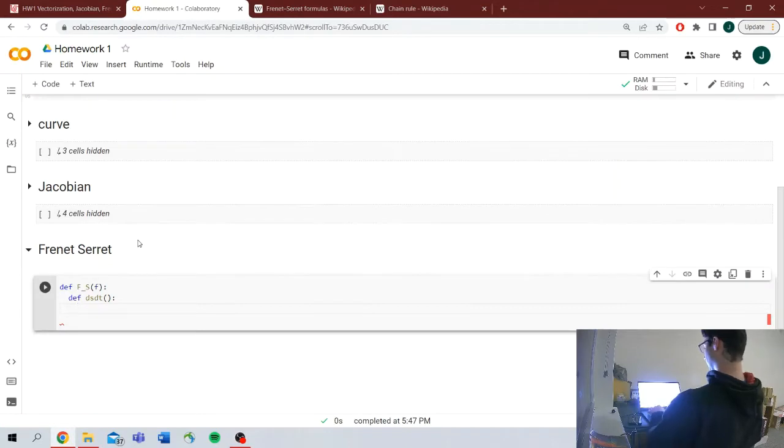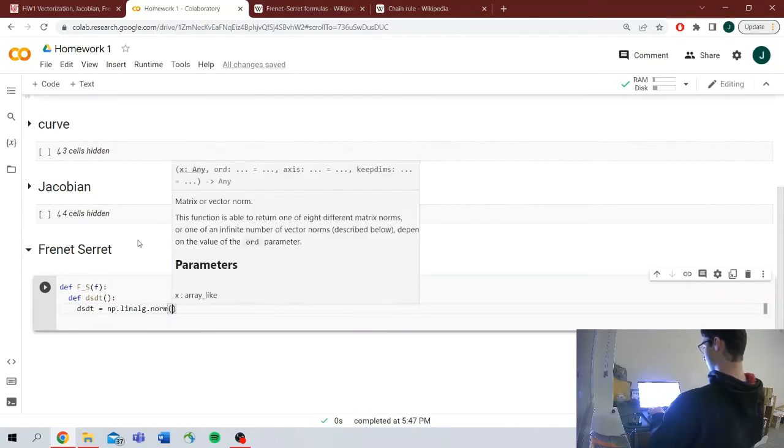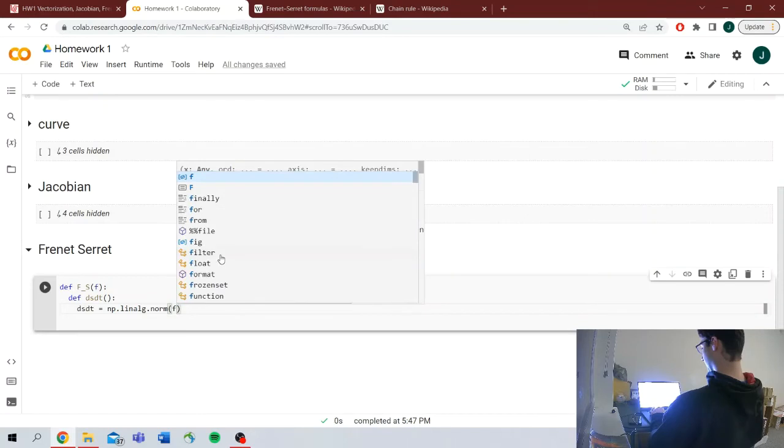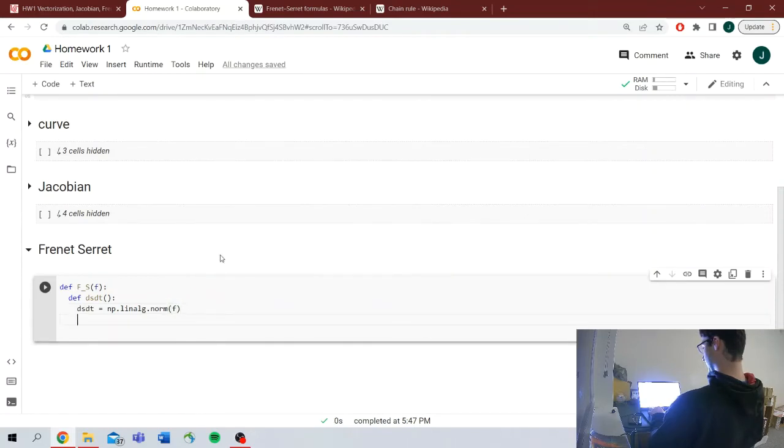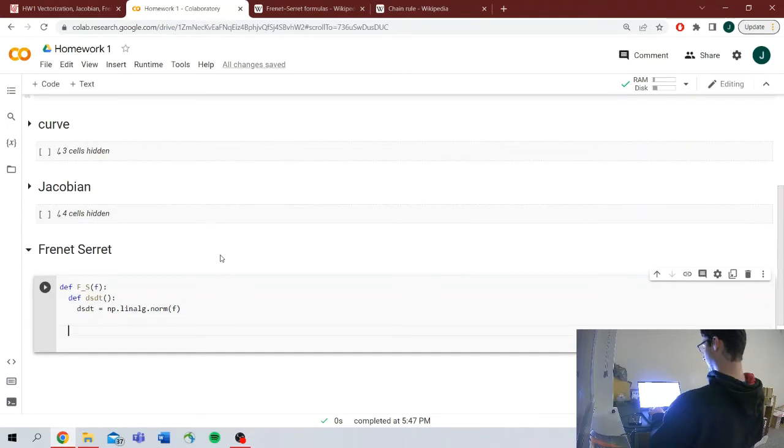So ds dt equals np.linalg.norm of our function. Now we have that.